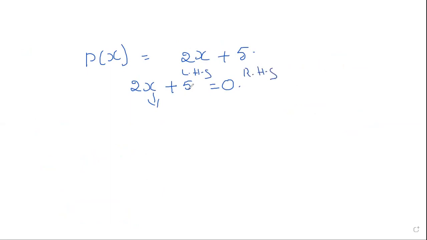We are transposing +5 to the right side. Write this 2x as it is in the left. Shift +5 to the right side. 0 as it is in the right. If you shift +5, it becomes -5. Now, 2x is equal to -5.